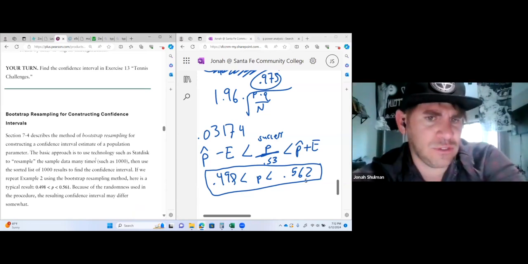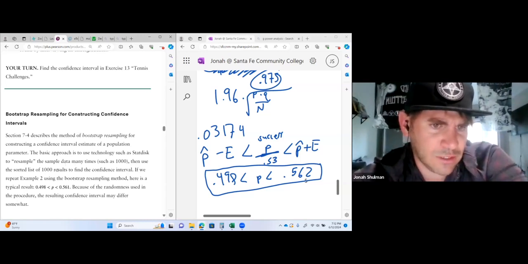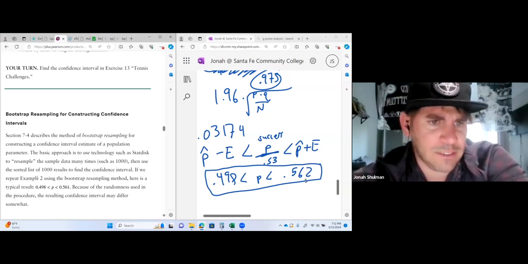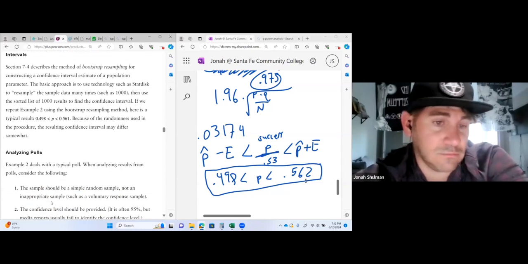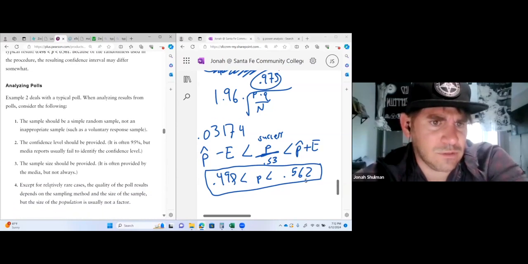The basic approach is to use technology to resample the sample data many times and use a sorted list of 1,000 results to find the confidence interval. If we repeat example 2 using the bootstrap resampling method, here's a typical result: 0.498 to 0.561. Because of the randomness used in the procedure, the result may differ. All right. Example 2 deals with a specific poll.